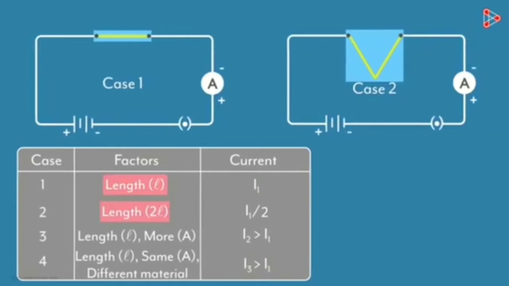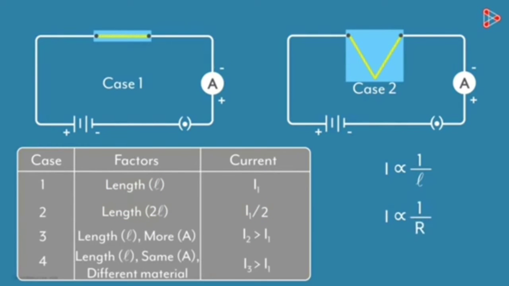When you compare the first and second cases, the wires are of the same cross-sectional area but of different length, and of the same material. But the greater the length, the lesser the current observed.